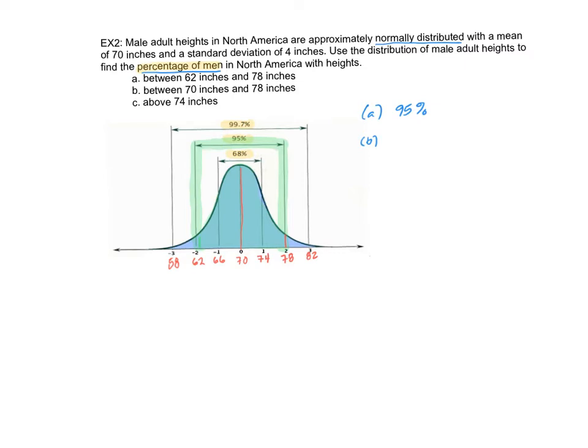What is that percentage? It would be this shaded region here in red. Now I have to get a little bit creative. I know that 95% of the data falls between the 62 and the 78. So between 70 and 78, that's half of the 95%.